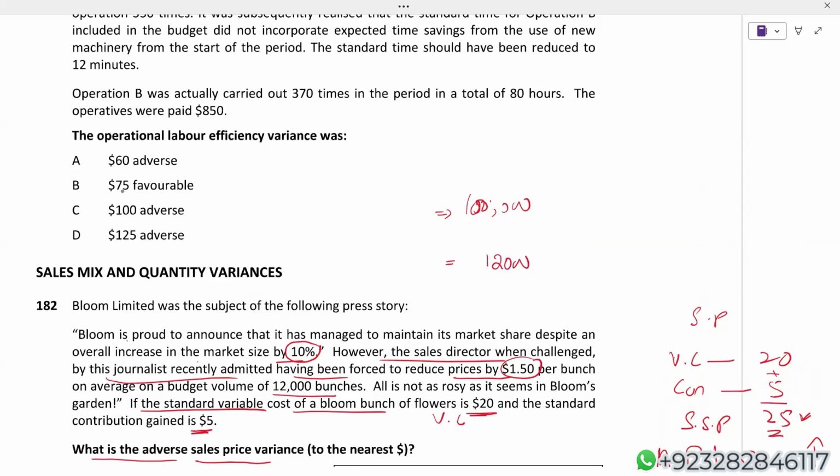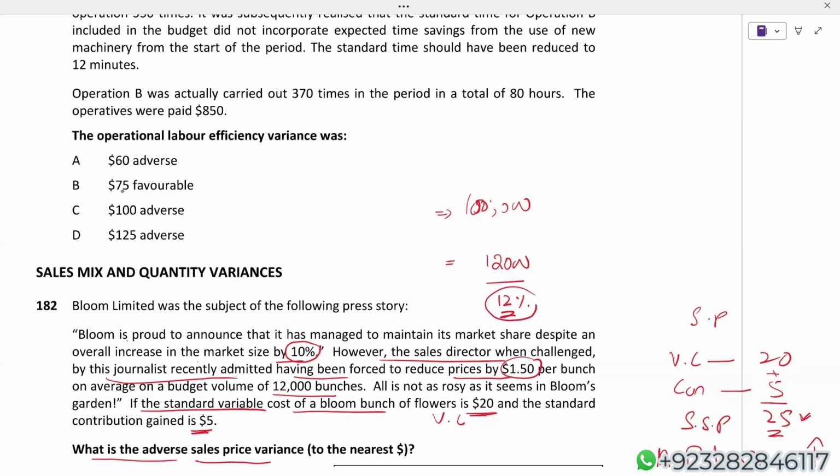I'll be selling 12,000 units out of that 1 lakh. It means if you calculate the percentage, it comes to 12%. My budget says that I will be able to sell 12,000 units. Logically, 12% of the market I will have.